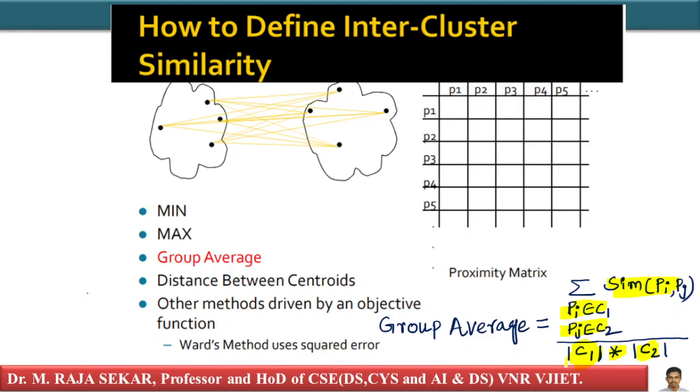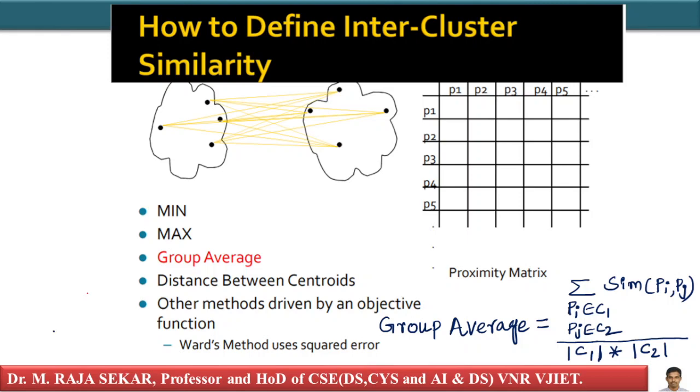Mod C1 means the size of C1, and mod C2 means the size of C2. Here you are taking every pair of points, computing the similarities and taking the average. This is called group average similarity.